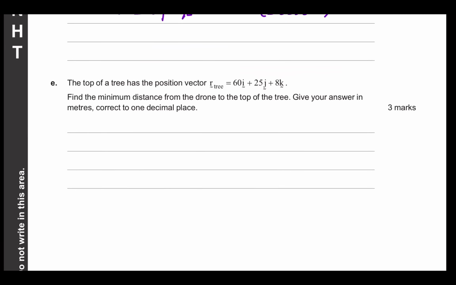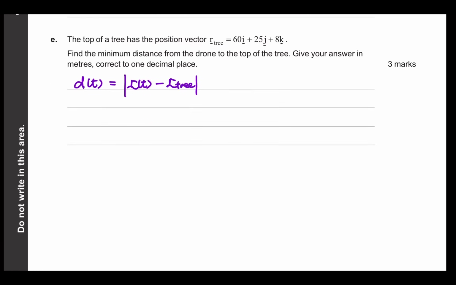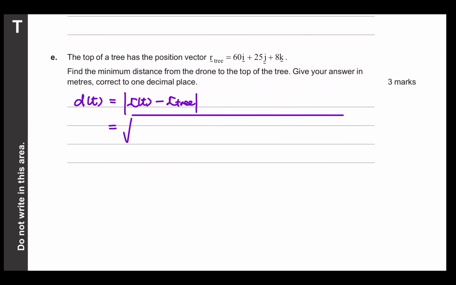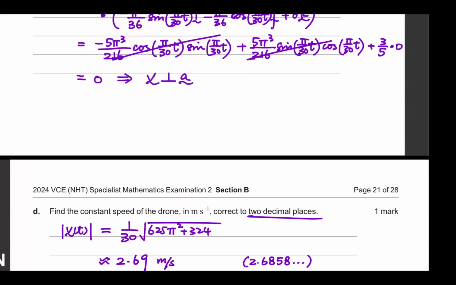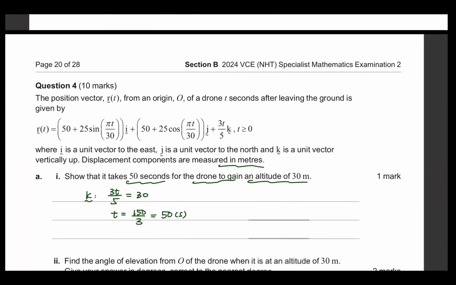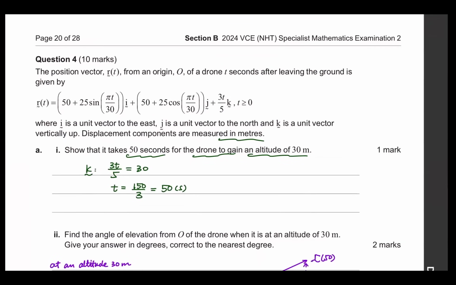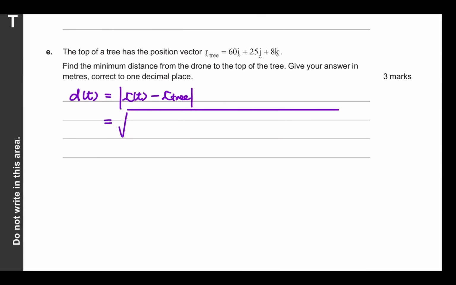Next part, last part, d(t) equals the magnitude of r(t) minus r(3). Do I need to show the actual equation? Well, it's not harmful to show the actual equation, all right? So I would write 25 sine plus 50 minus 60.